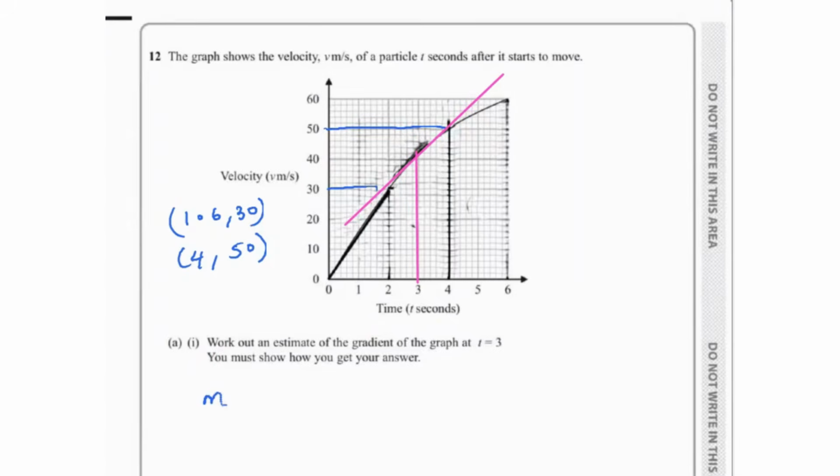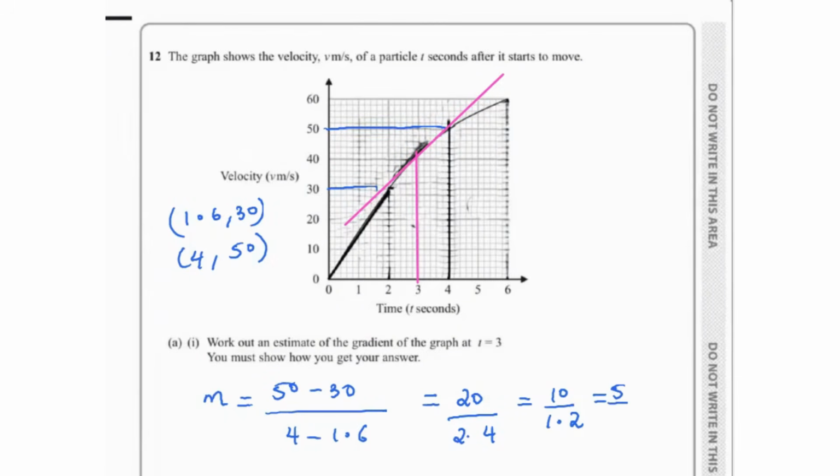So my gradient is going to be 50 minus 30 over 4 minus 1.6. So that's 20 over 2.4, which is 10 over 1.2, which is 5 over 0.6.